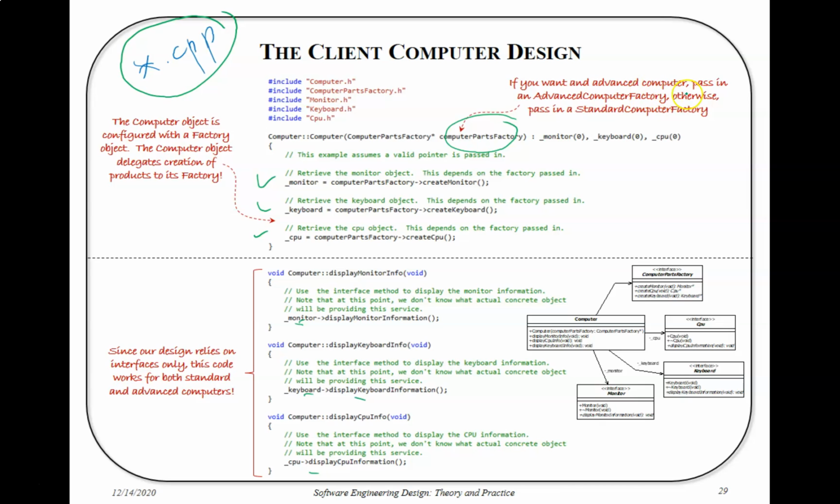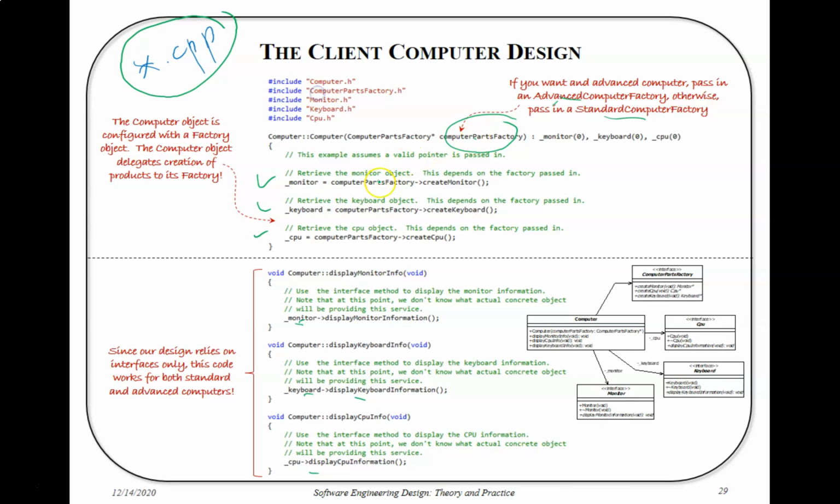So we don't know at compile time whether it is an advanced computer or a standard computer. If it is an advanced computer, the advanced computer object will pass here. If it is a standard computer, the standard computer object will pass here. But during design time, the class computer doesn't know what type of object it will receive.